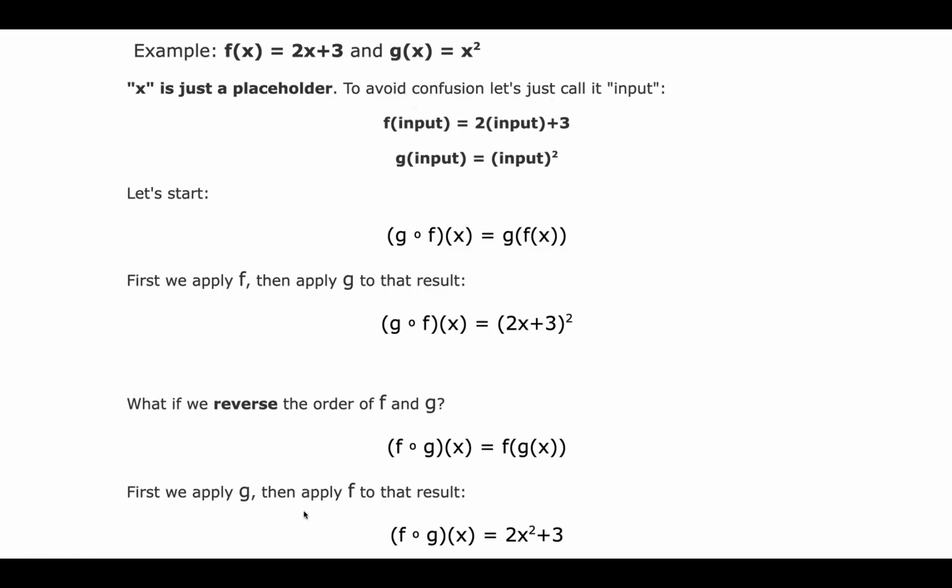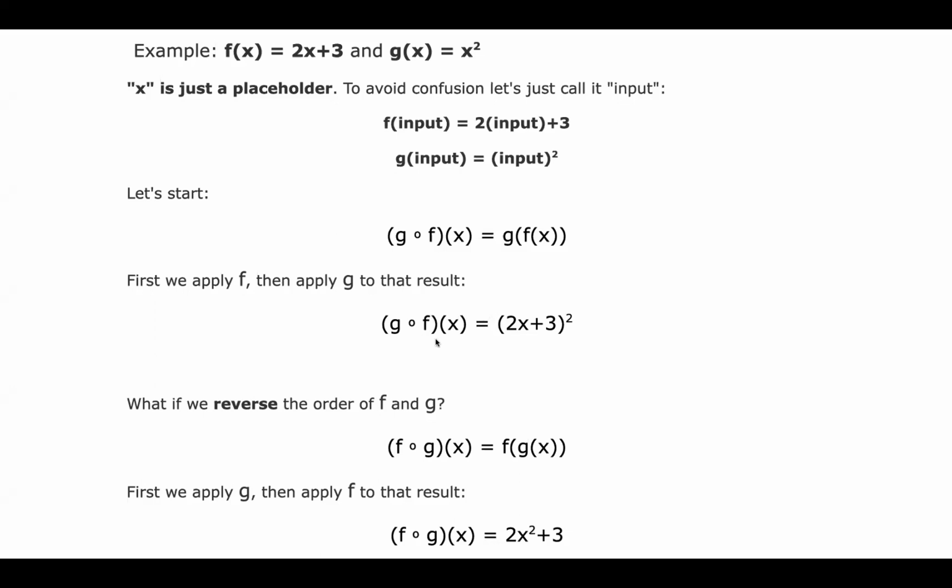First we apply g, then apply f to that result. F composite g of x is f of g of x, that is f of x square, and then taking that, 2x square plus 3 is the f composite g.